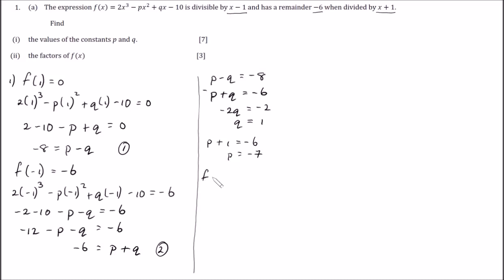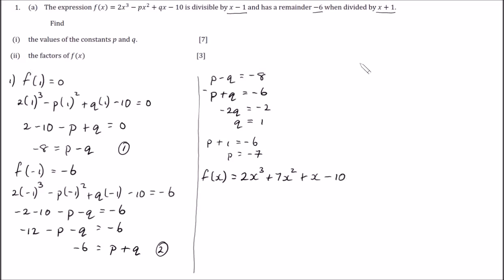So I'll just write then that f(x) is equal to 2x³. Now p is −7, so −p will be positive 7. That's positive 7x². q is 1, so that's plus x − 10. So this is my expression for f(x). So part 1 is completed.